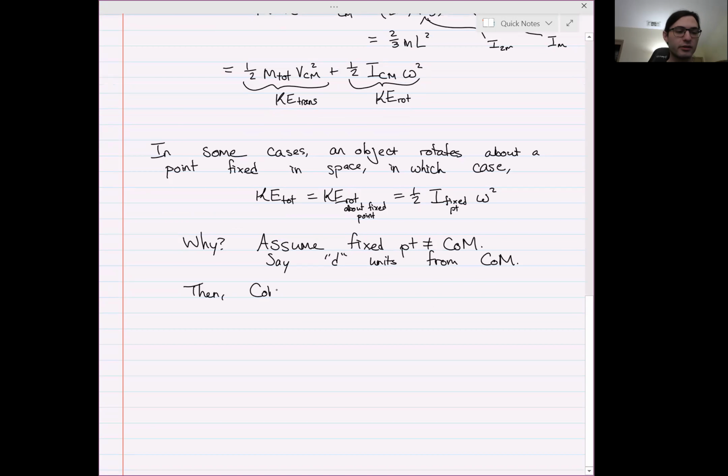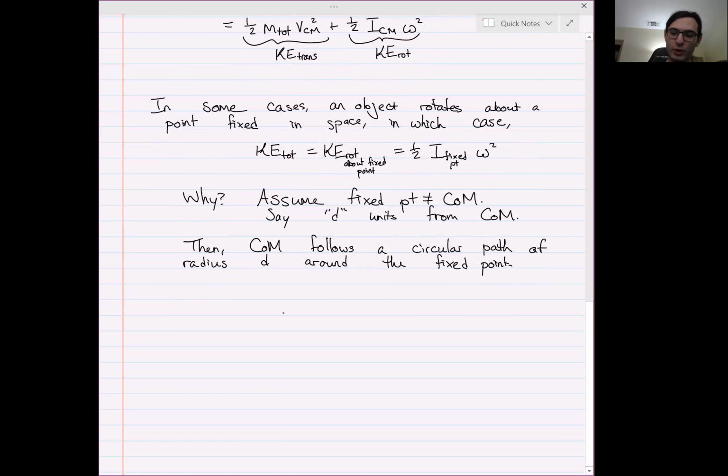So then the center of mass follows a circular path of radius d around the fixed point. I'll draw a picture here. We have our fixed point here, and then we have our object, whatever it is, and its center of mass.